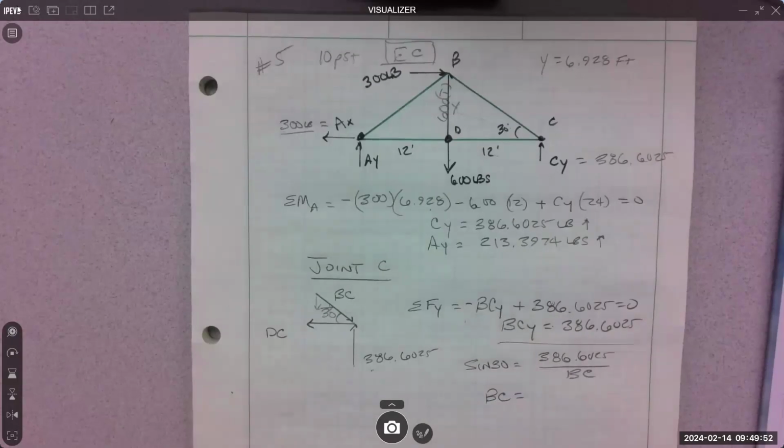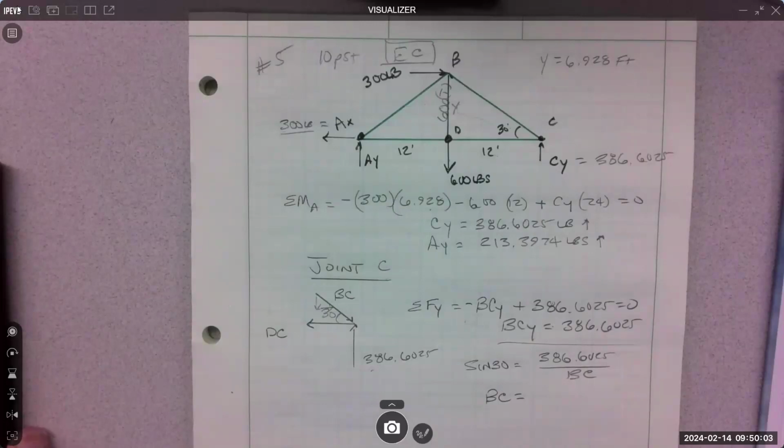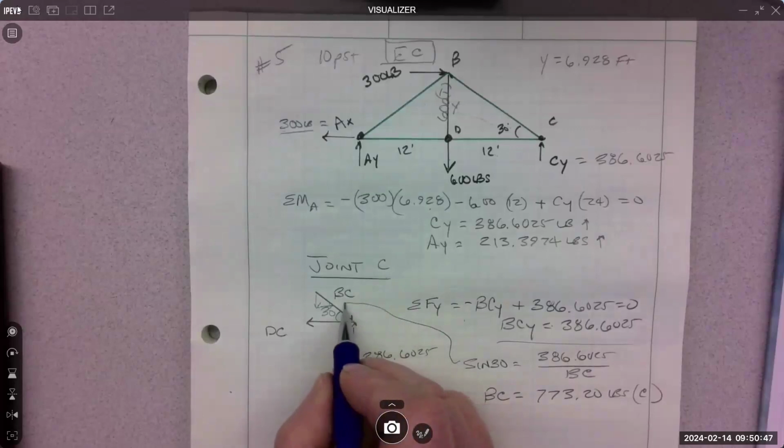BC equals. This is from this little triangle right there.